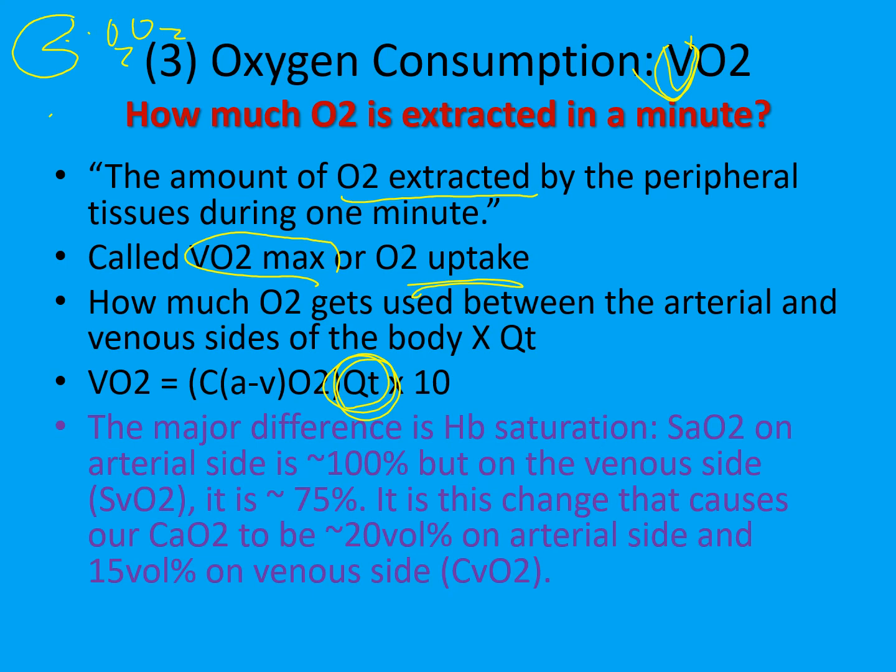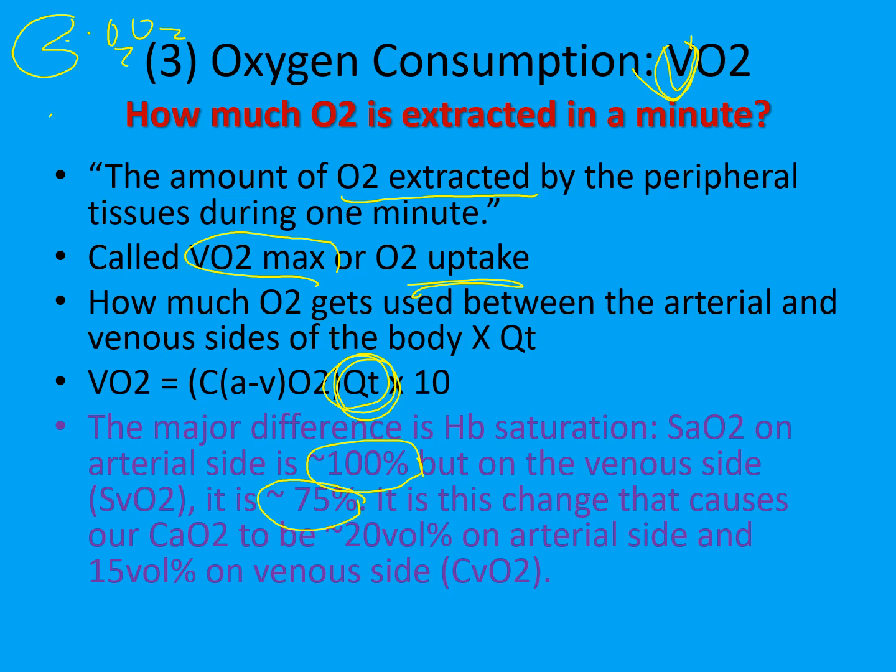So look at this example. If I have 100% saturation on my arterial side, so in other words, you draw an arterial blood gas, and it says you have 100% saturation of oxygen on your hemoglobin. Great. And then you draw a venous sample, a venous blood gas off of a central line, let's just say, and it says you have a venous oxygen level of 75%.